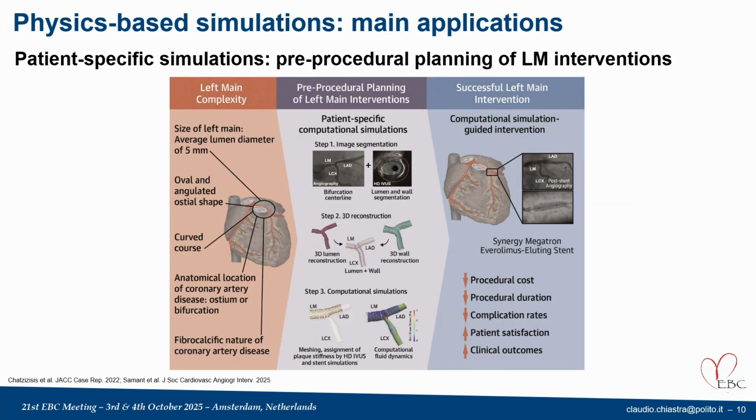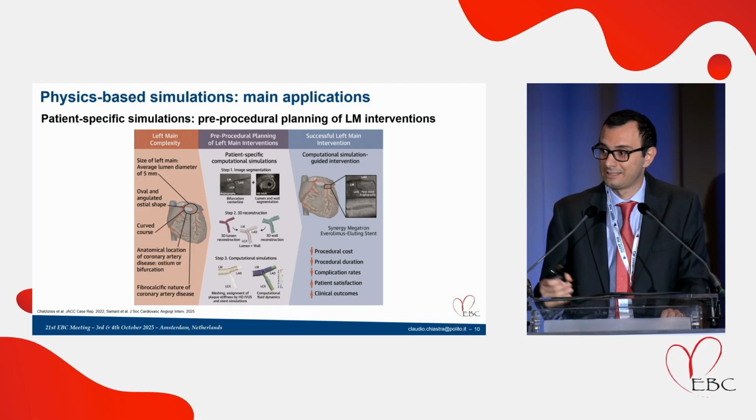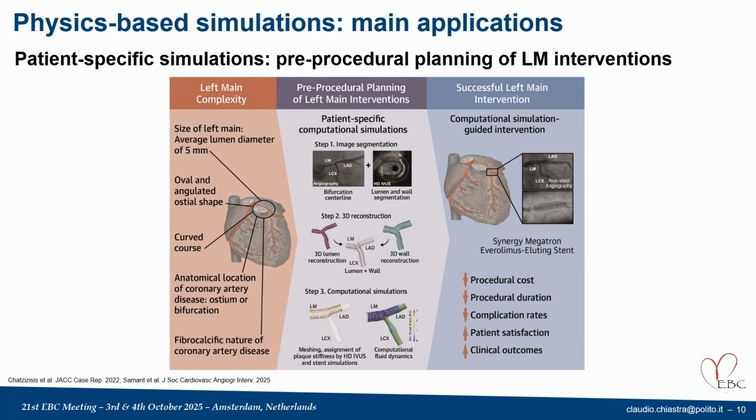Nowadays, patient-specific simulations can be used for pre-procedural planning. A nice example is the one by Professor Chatzizisis about the planning of left main interventions. He is going to discuss this study later in his presentation.